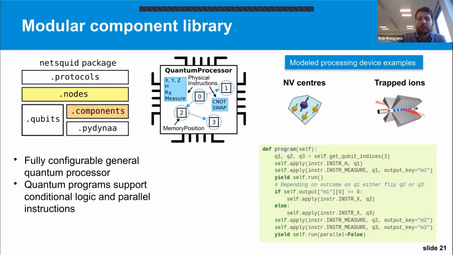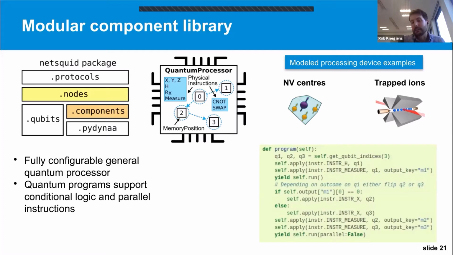So the idea of the quantum processor is that you can configure it to be able to describe both of these devices or any other device you find interesting. And then on top of this processor, I realize I should speed up a bit. On top of this processor, you can define a program that can run. So you define physical instructions on the processor, and then you can define a more generic program in terms of more abstract instructions.